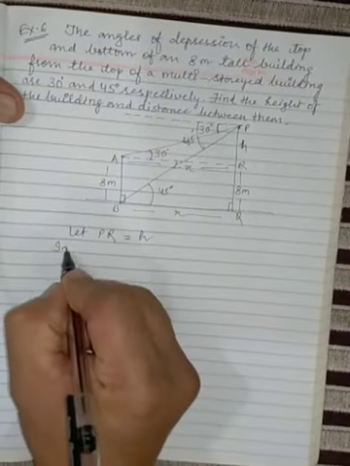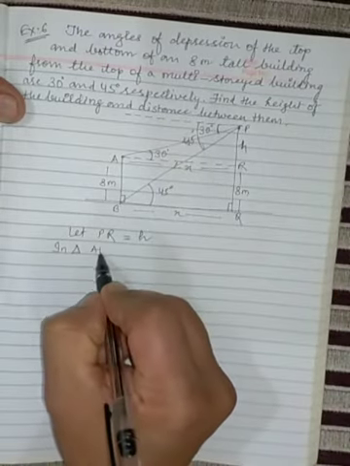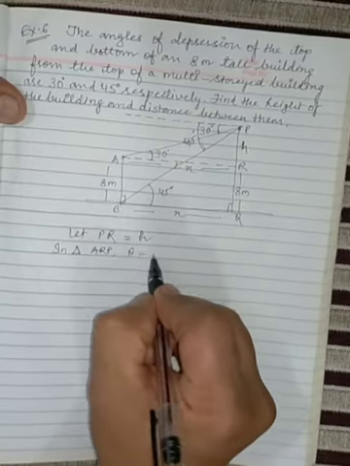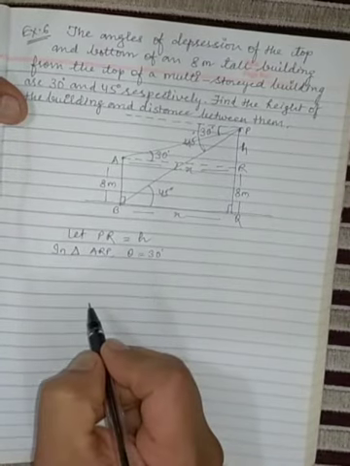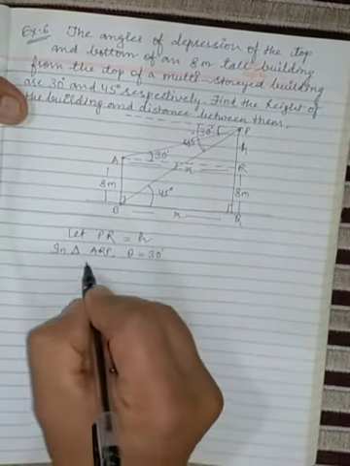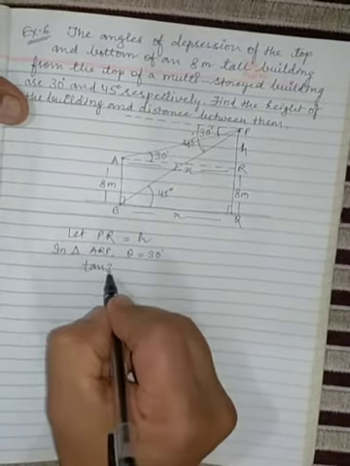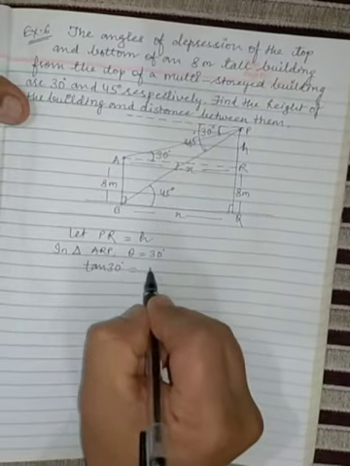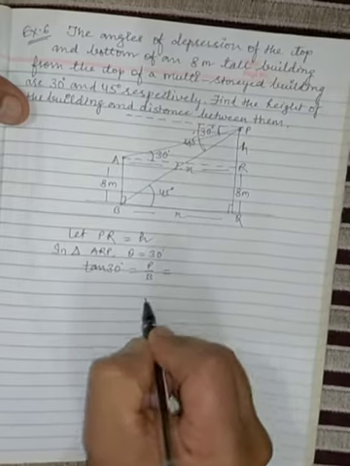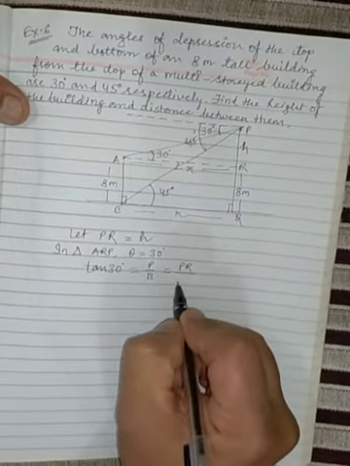Okay, so now we will use both the triangles one by one. So first, in triangle ARP, as theta is equal to 30 degree, and the relation is between base and perpendicular, so we will use the ratio tan. So tan theta, tan 30 degree, is equal to perpendicular upon base. For the triangle APR, perpendicular is PR and the base is AR.